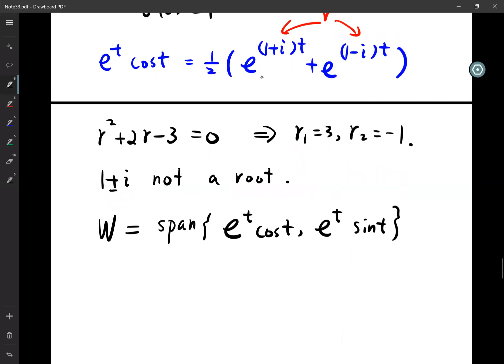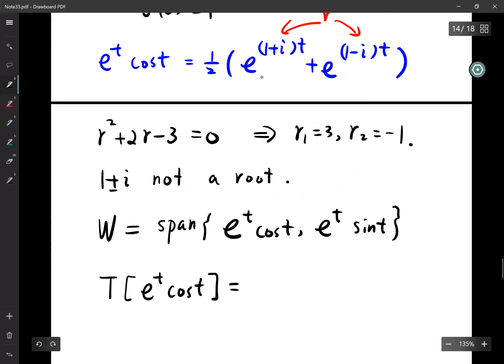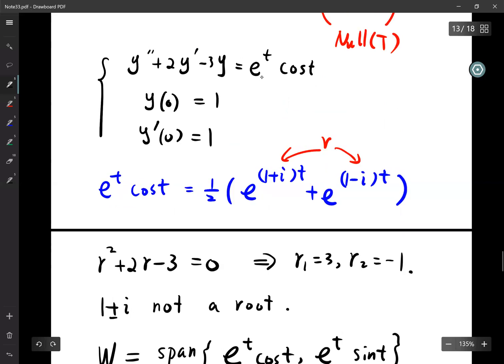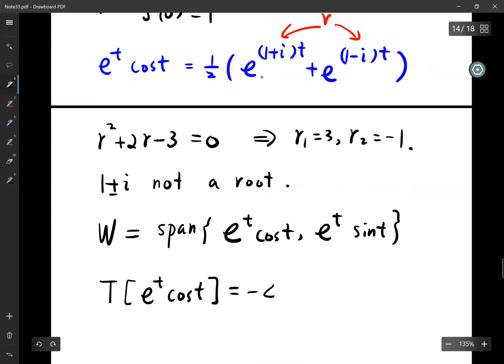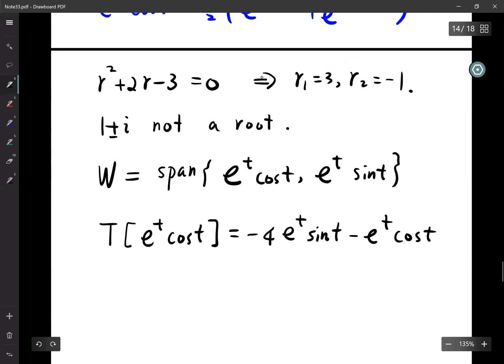Once you have the span, let me use the alternative method I talked about: t exponential t cosine t. This is this thing applied to exponential t cosine t. I have already computed that, save you some time. So this is t cosine t.